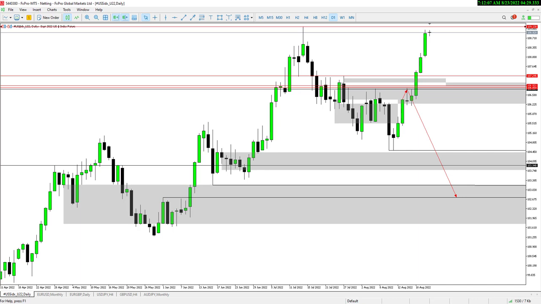Number one, last week, Thursday and Friday, we had Powell's juniors reiterating the Fed's stand on an aggressive rate hike, and that has been priced in now on the market by the price action of Friday and Monday, and we're likely to see that continue today and tomorrow, or even the rest of the week.